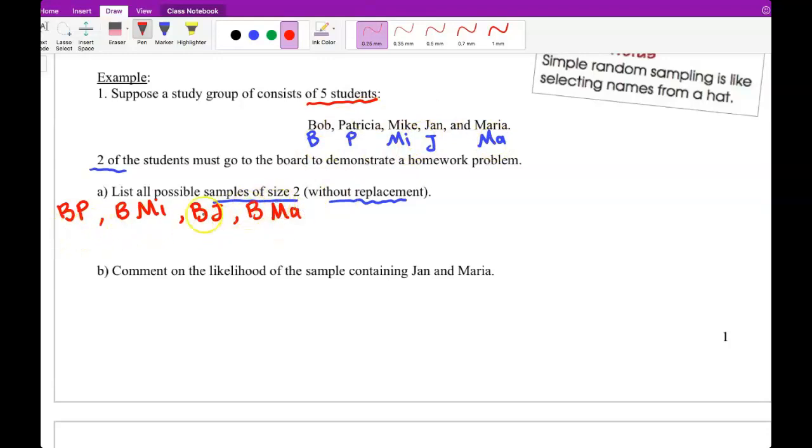Since we have without replacement, I don't want to repeat this one. Now starting from Patricia: PMI, PJ, PMA.